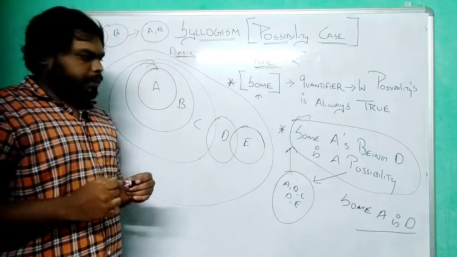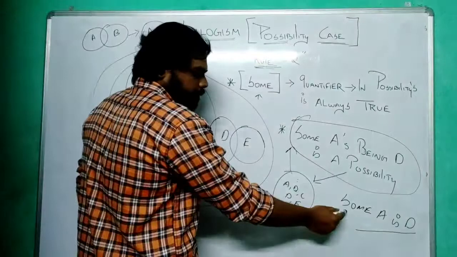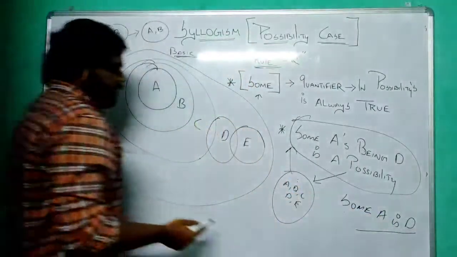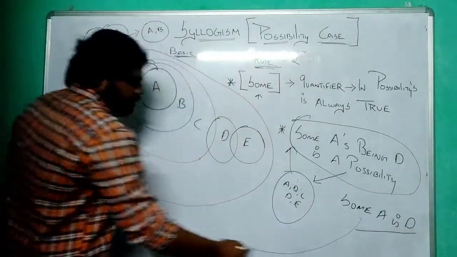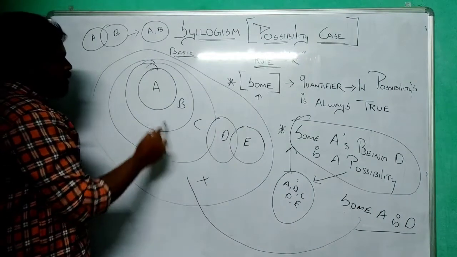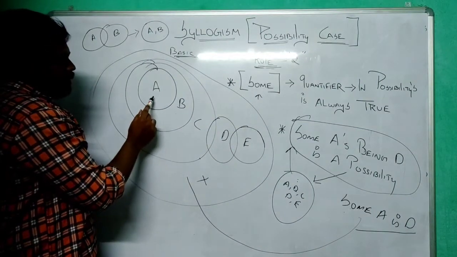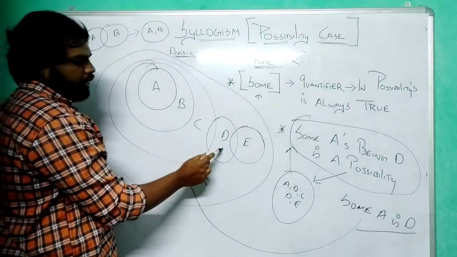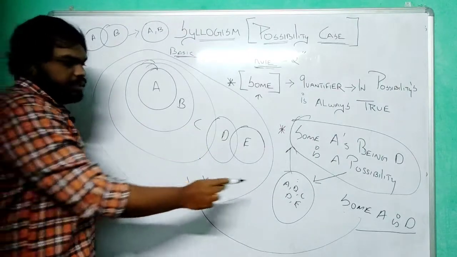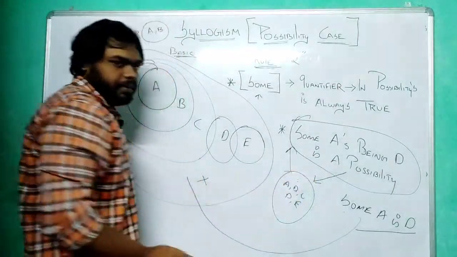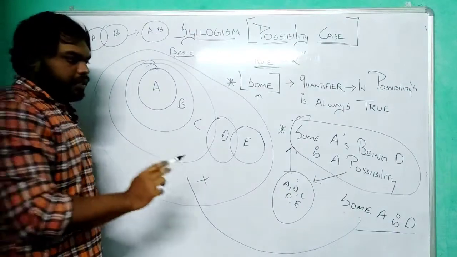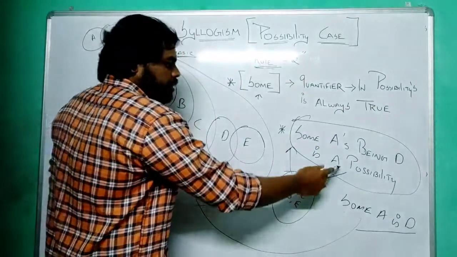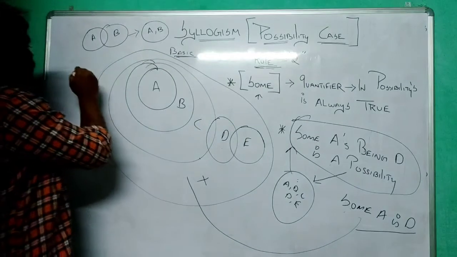So if I have to explain, this is a definite statement, some A is D. If I check for this one, this conclusion will be wrong, because there is no part of A connected with D, right? This is a direct statement and this is a possibility statement. I wanted to show you the difference, that's why I am drawing this. So this is this case.